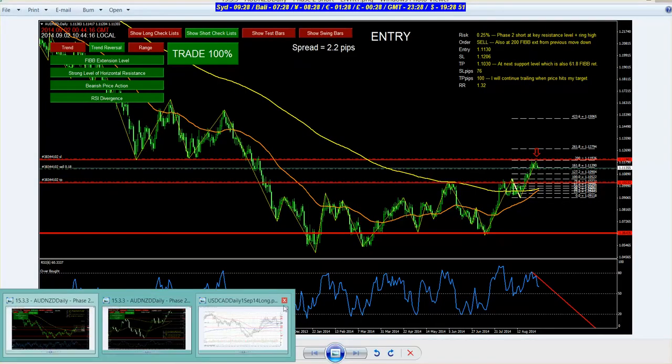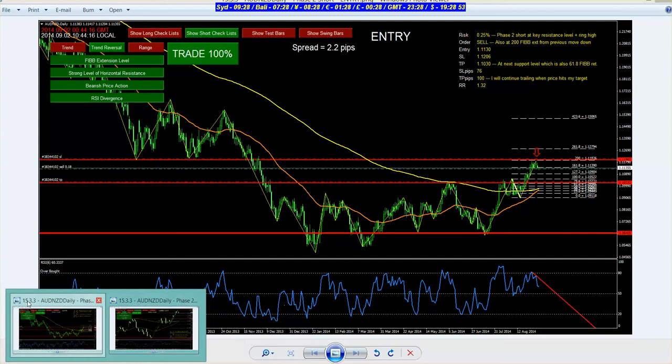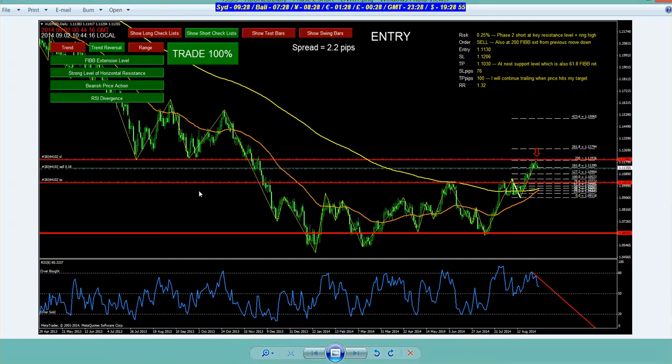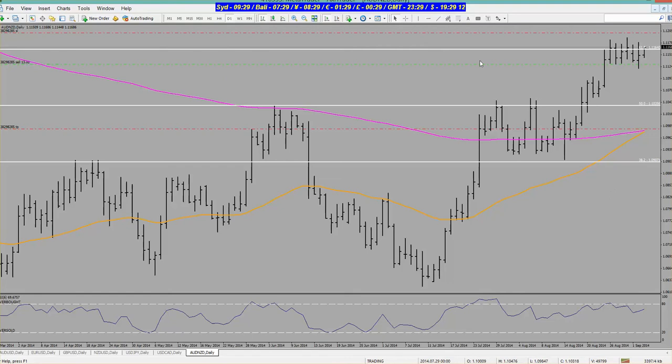Dollar CAD we've covered. Yeah, 112 resistance. Stop loss 1206. Take profit 1030. Next support level there. And the 50. Is it?